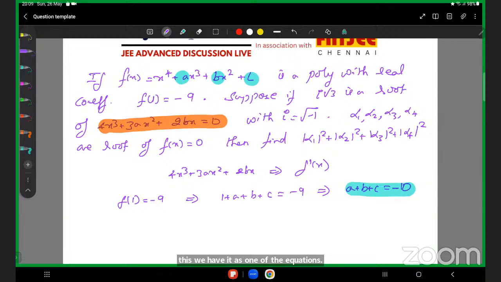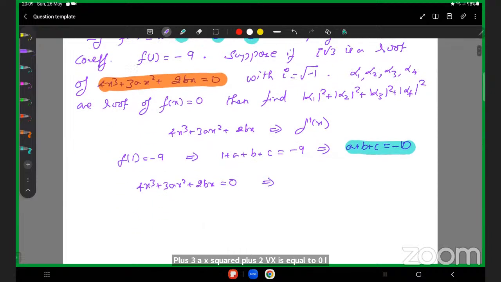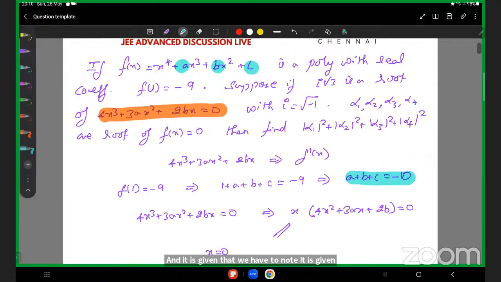Further, we have this cubic 4x cube plus 3ax squared plus 2bx equal to 0. I can simplify this as x into 4x squared plus 3ax plus 2b equal to 0. So obviously x equal to 0 is one of the roots of the equation. It is given that the coefficients a, b, c are real, so a and b are real here for this quadratic also.